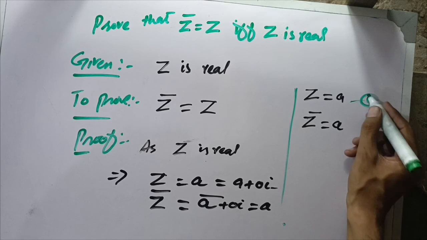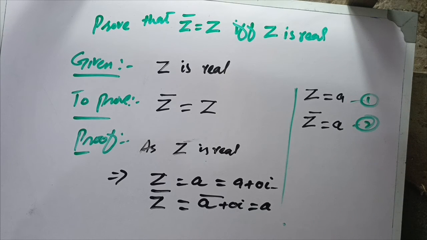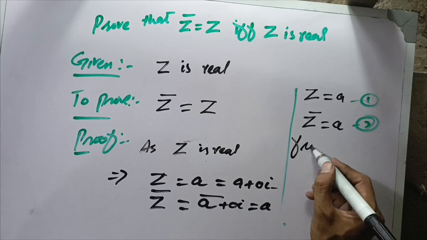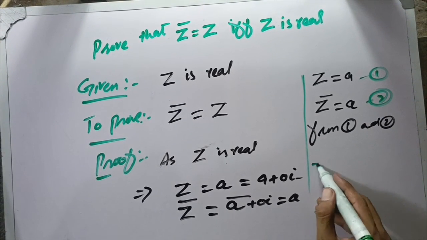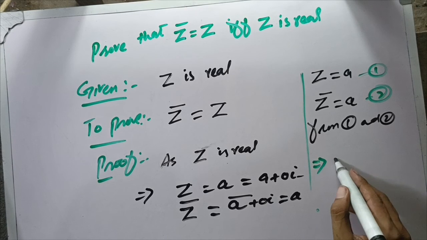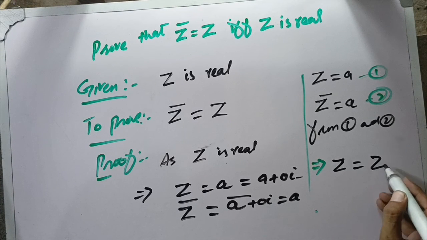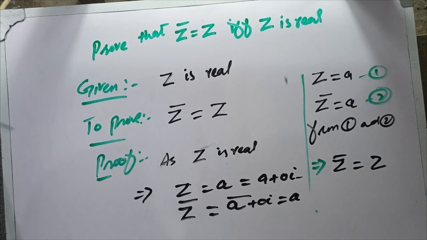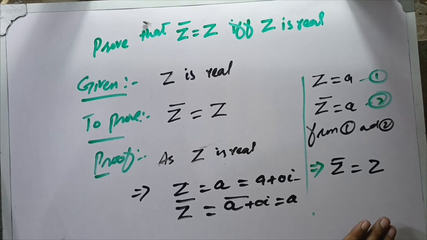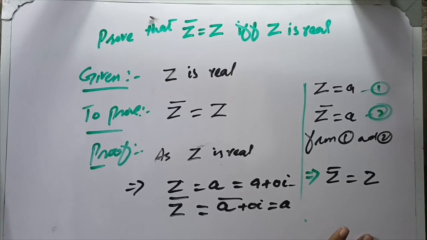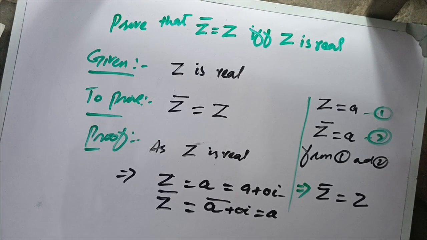So if I consider equations 1 and 2, then from 1 and 2 this implies that z conjugate is equal to z. So this is our required result, which we were going to prove.